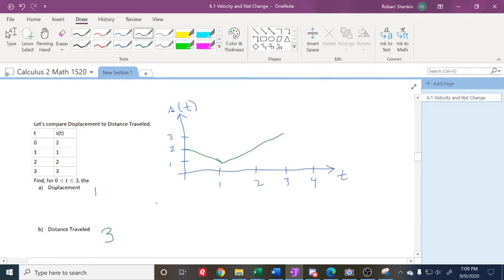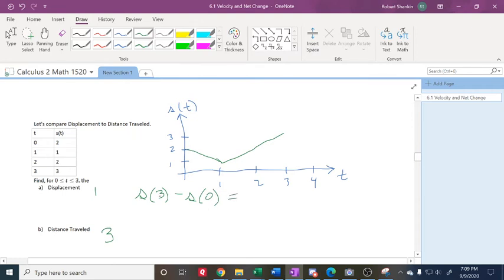Well, we're doing displacement as just the difference between the origin and where you end, beginning and ending of the range. All right. So it's really the position at the end point, 3, minus the position when you started.